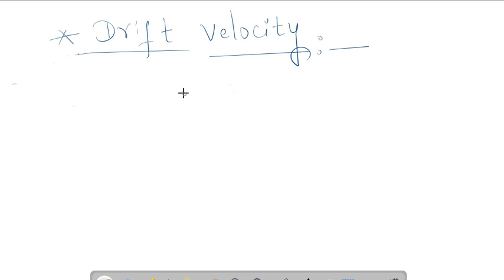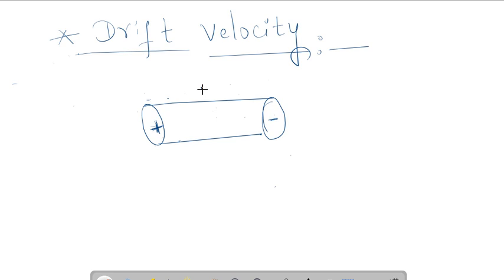Let me consider any type of conductor. It has a positive charge on one side and a negative charge on the other.